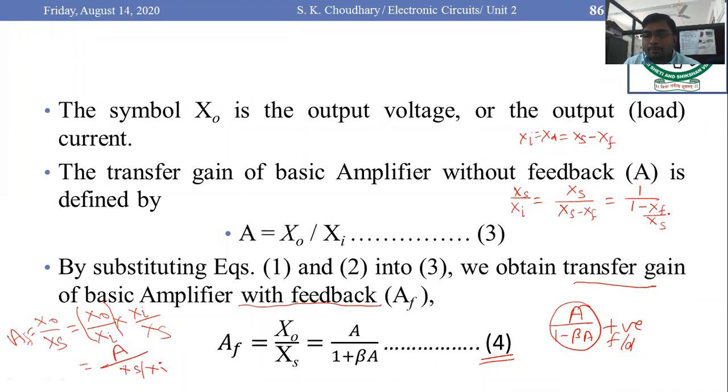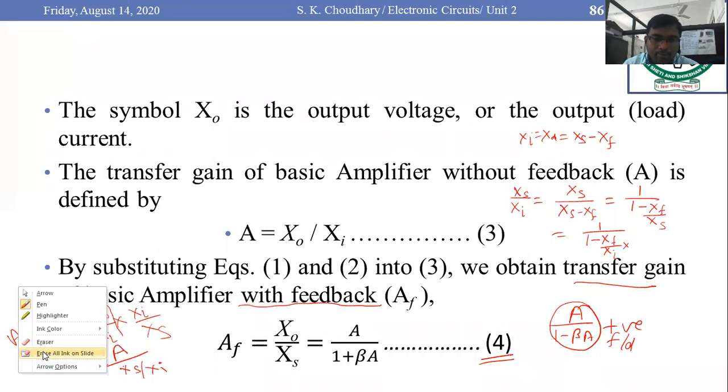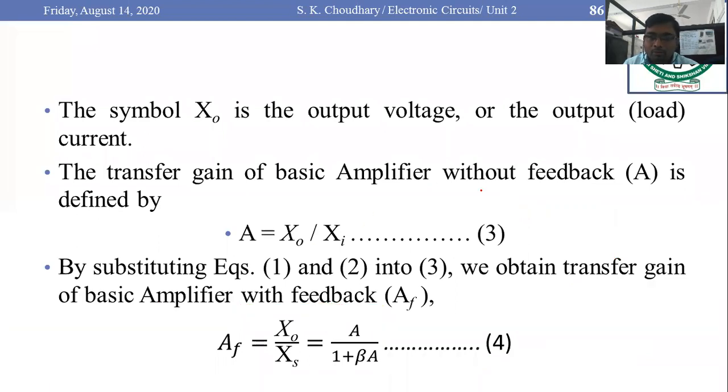Further it would be 1 minus Xf upon Xi. Let us leave this type of calculation, it would be a little bit lengthy. Instead of that, go with a simple calculation.